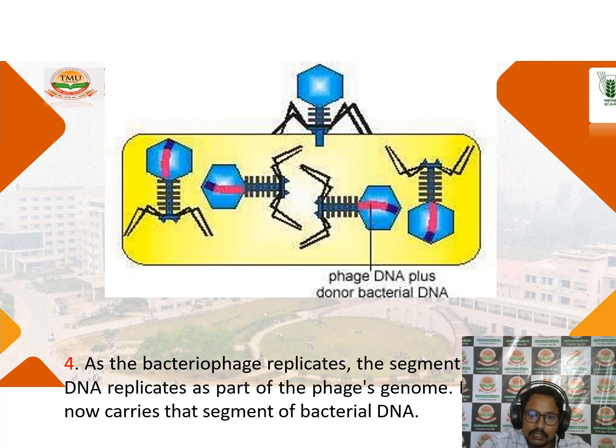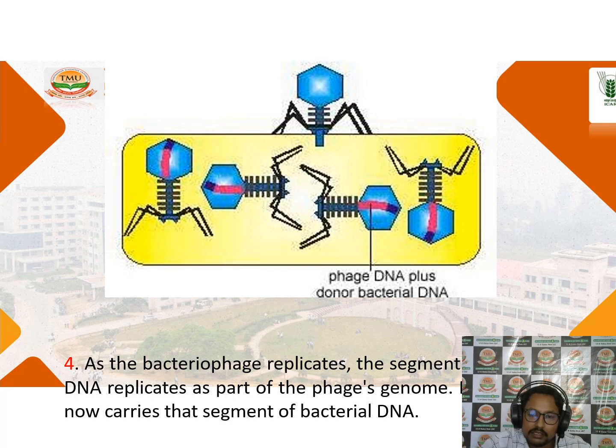So now you can see the pink portion as well as the violet portion, where the pink portion is of phage DNA and the violet portion is of bacterial DNA. Now this entire genome entered into the bacteriophage, and several bacteriophages are formed in each bacterial cell.